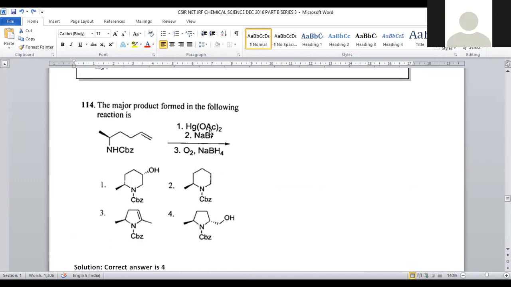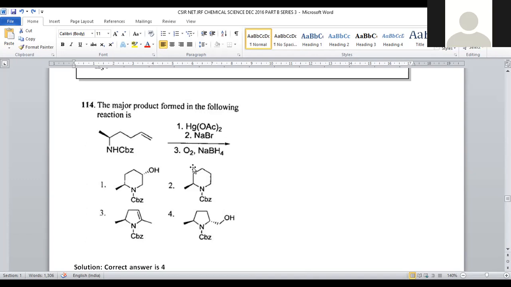When mercury diacetate is added, what happens here? The olefinic double bond on this terminal center will be cyclized. Later, the electrons present on the nitrogen will cyclize with this carbon atom, so that a 5-membered ring will be generated and we will get a terminal CH2HgOAc. When sodium bromide is added, the OAc group is replaced with bromo, and HgBr will be generated.